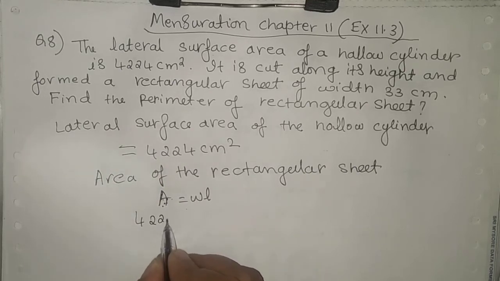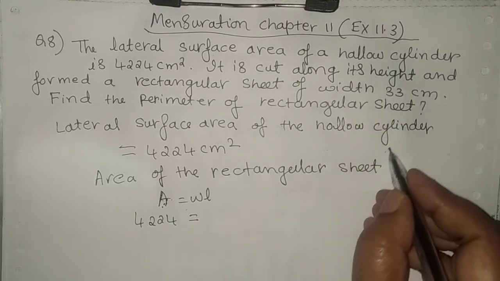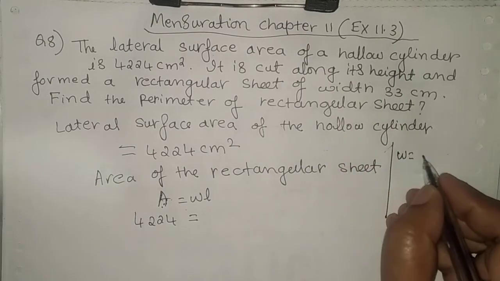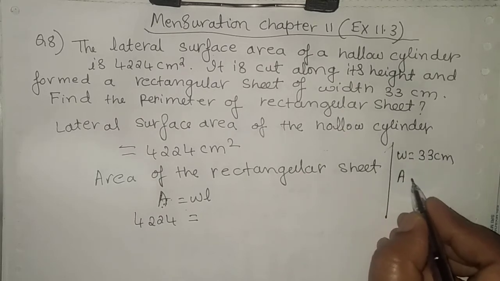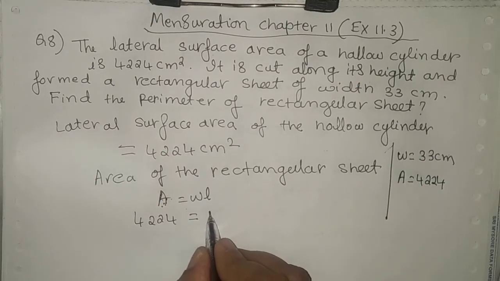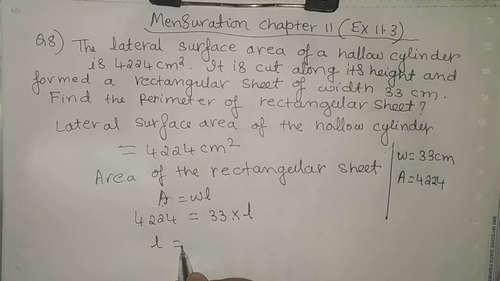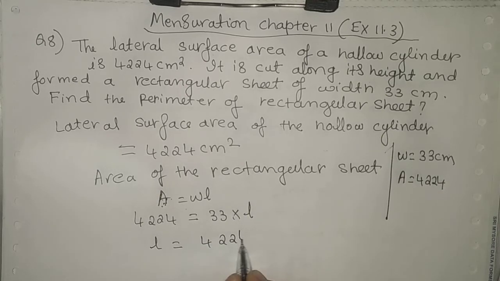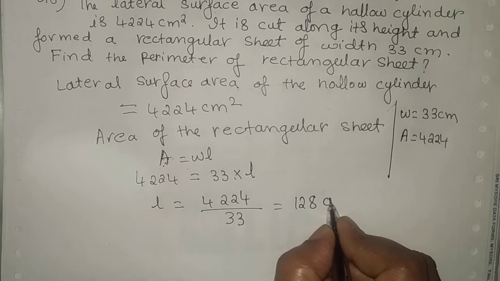We'll substitute 4224 is given. W is how much? And the width is given here as 33 centimeters and area is given as 4224. Now we'll substitute here 33 into L. Therefore, L is equal to 4224 divided by 33. So we'll get 128 centimeters.